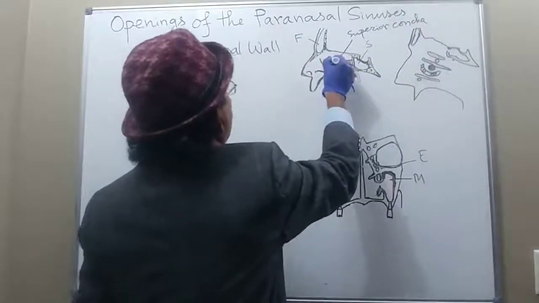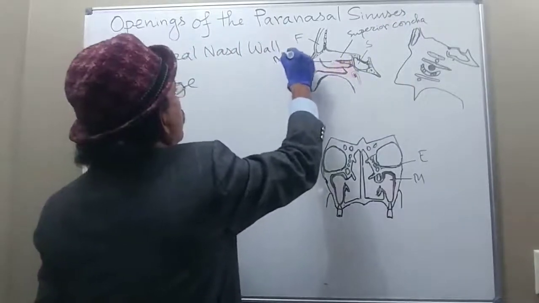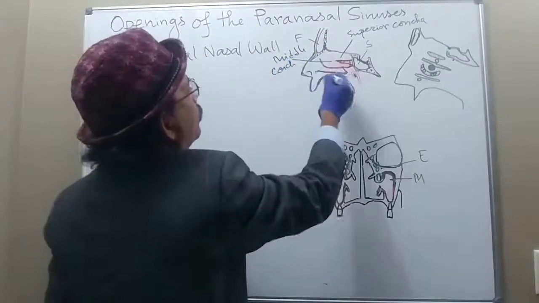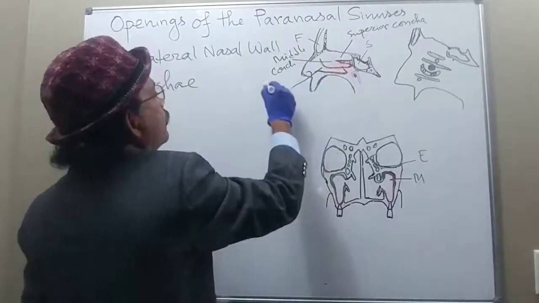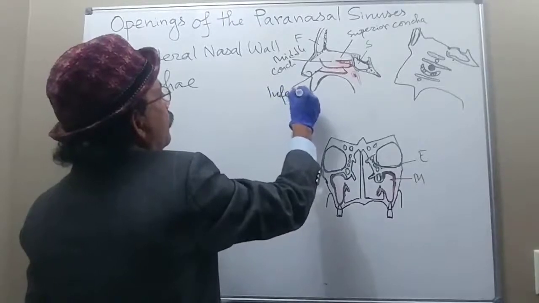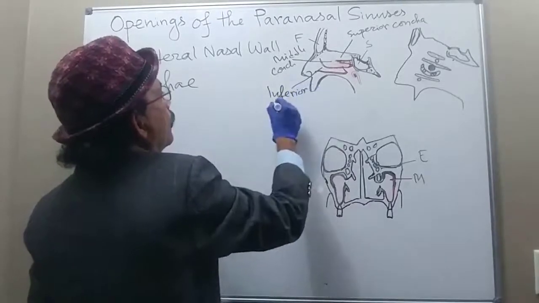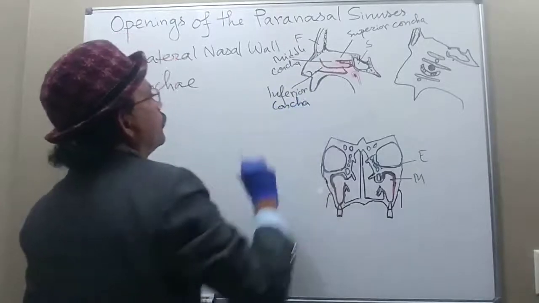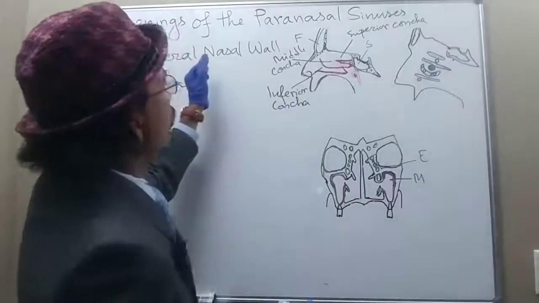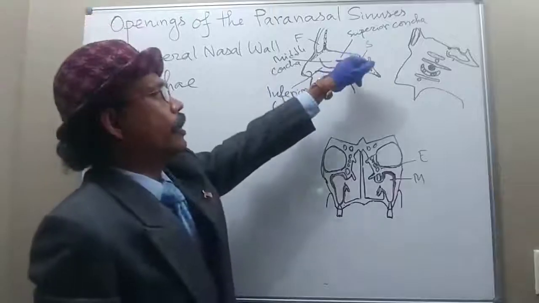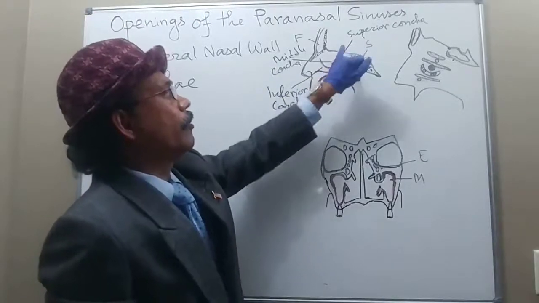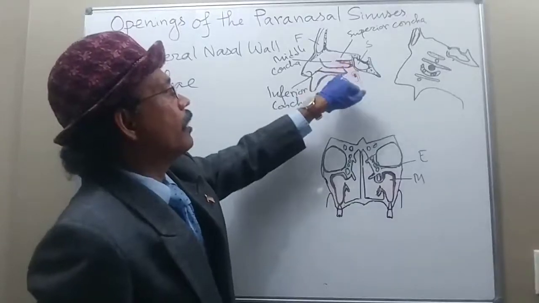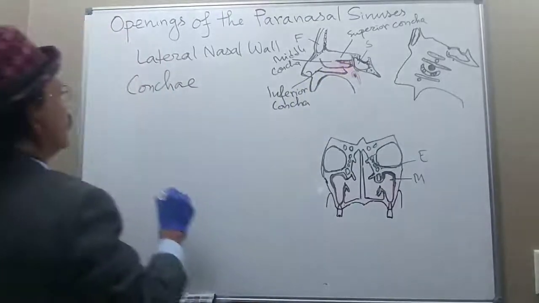This is the middle concha. This is the inferior concha. So in the lateral nasal wall, we'll get three concha: the superior nasal concha, the middle nasal concha, and the inferior nasal concha.